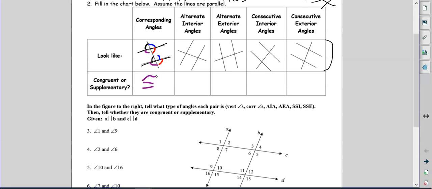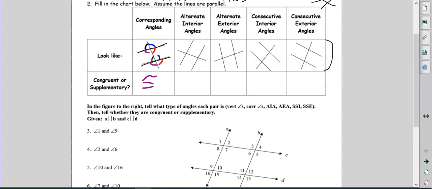Now, alternate interior. Remember, alternate means either side of the line. Interior means it has to be inside, in between those 2 lines there. Nothing out here and nothing out here, which is why I said many times it's good to identify what's inside and what's outside.